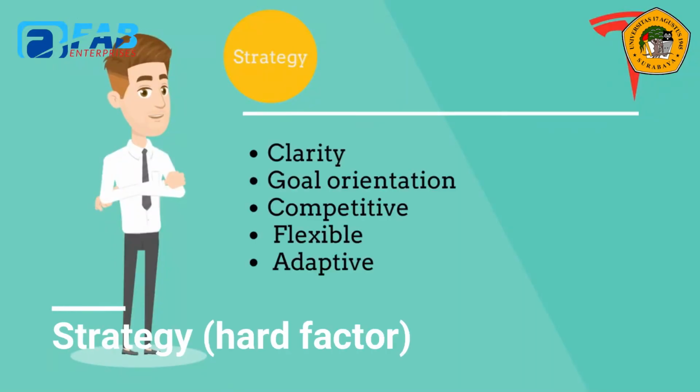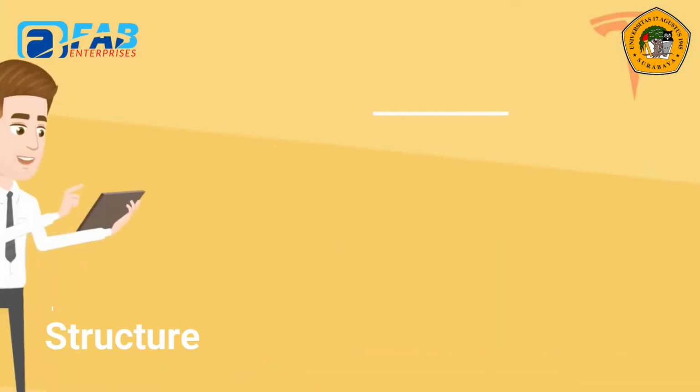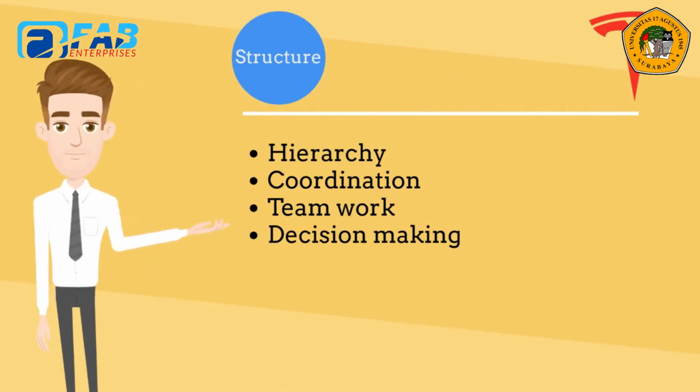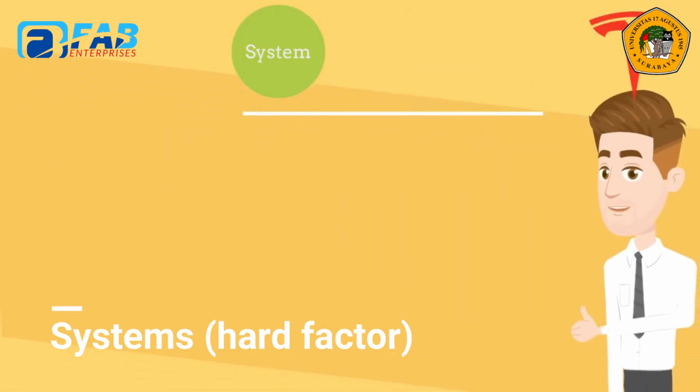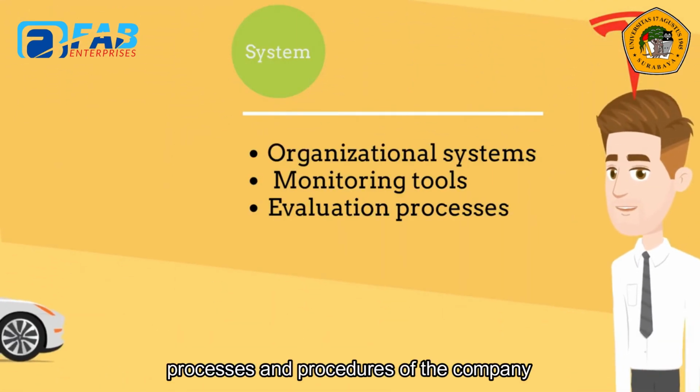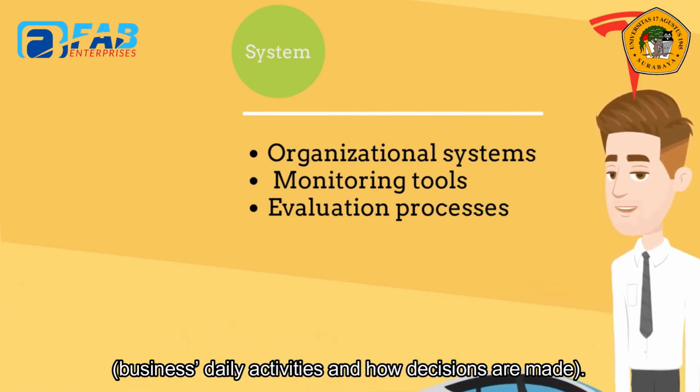Strategy, hard factor. The long-term plan reinforced by strong vision, mission, and values. Structure, hard factor. The way business divisions and units are organized. Systems, hard factor. Processes and procedures of the company, business daily activities, and how decisions are made.